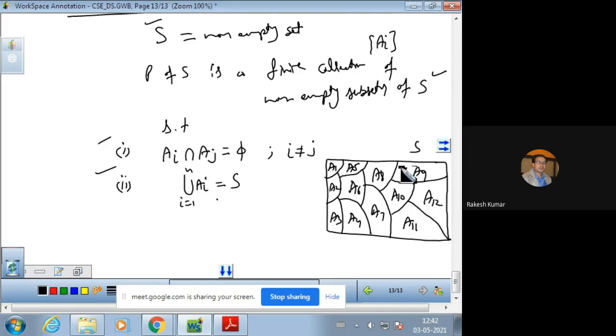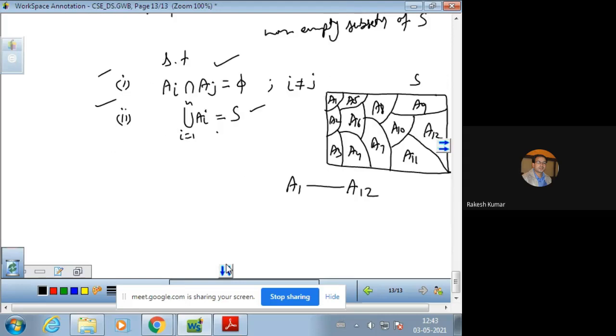Suppose I have partitioned the set S into the finite non-empty subsets from A1 to A12. Remember, all the A_i's are disjoint. So all these sets clearly satisfy the first property, and all these subsets together will be the complete set S. So with the help of a Venn diagram, you can easily understand this thing.